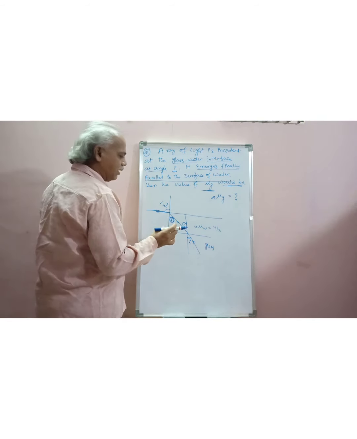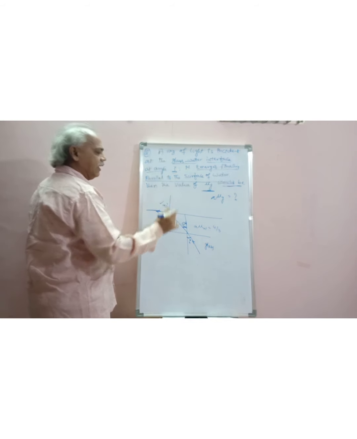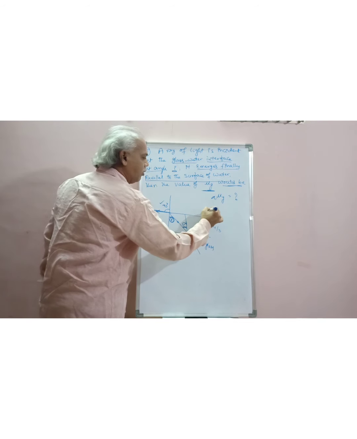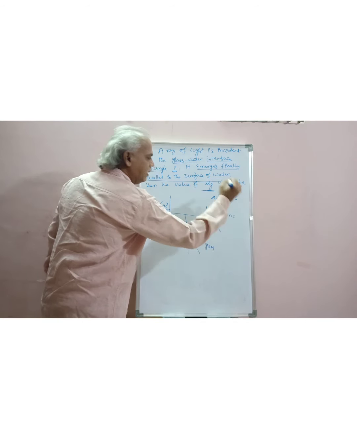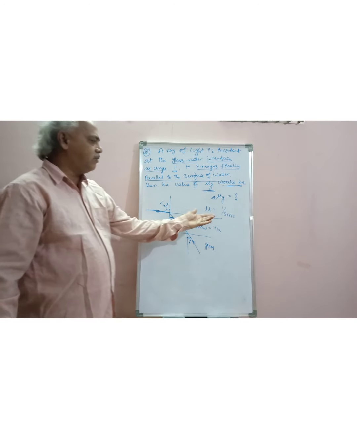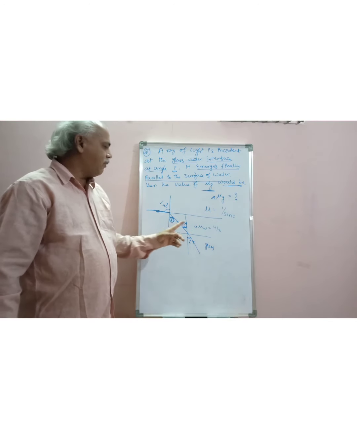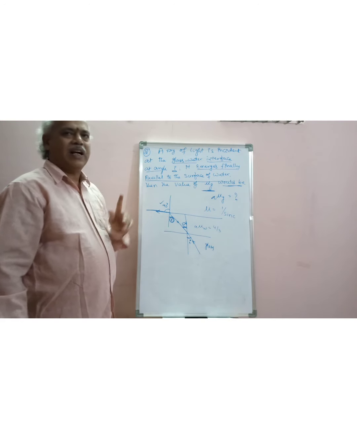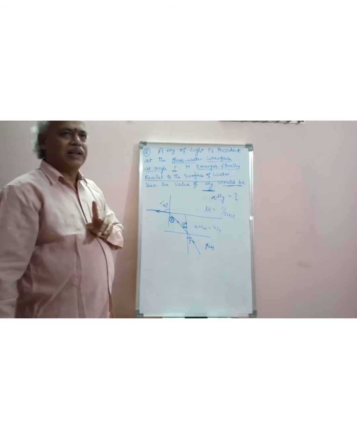So the refractive index of water with respect to air is A mu w is equal to 1 by sin C. By using this formula, we can find the critical angle or the angle of refraction. Here the critical angle is nothing but the angle of refraction.